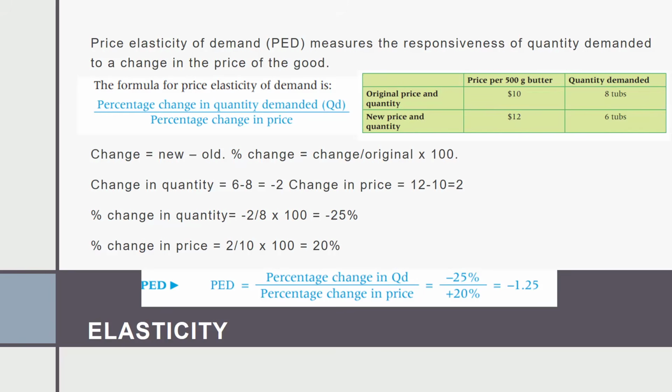And we need to calculate elasticity. The formula is the change in demand divided by the change in price. First thing we're going to calculate is the percentage change in demand.